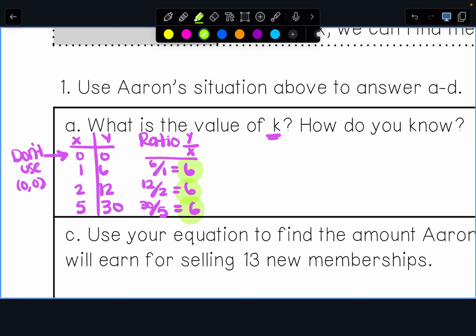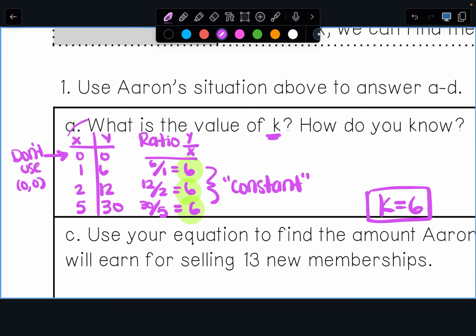And you get the same exact number every single time. That 6 represents your constant. What does constant mean? That it is the same all the time. And we're not going to do all of this every single time, so just bear with me. So our value of k is 6.